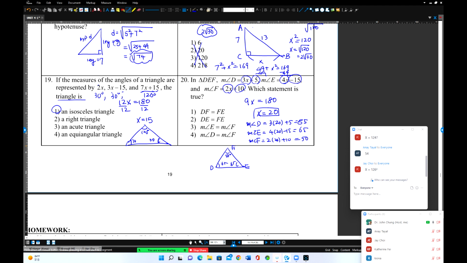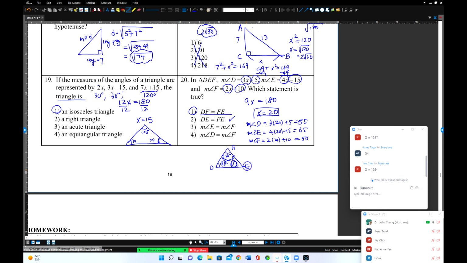So which one is correct? DF equals FE, because these two angles are equal, the opposite sides are also the same. These two also are the same length. So this is true. Angle E equals angle F?